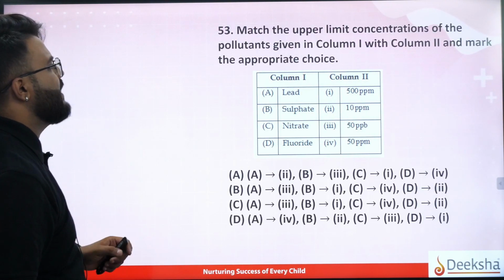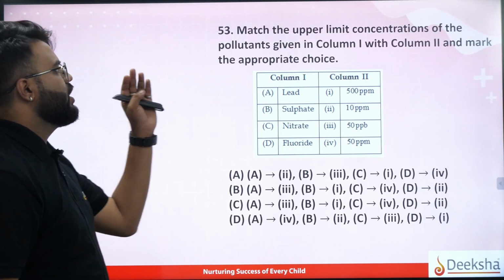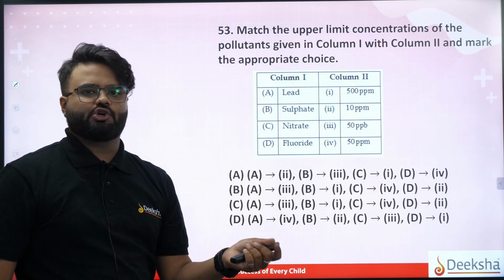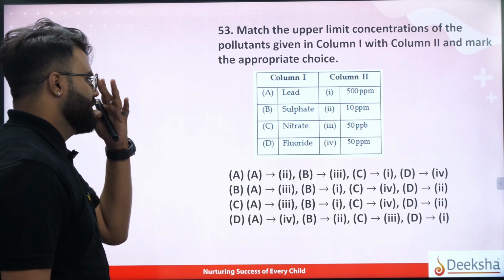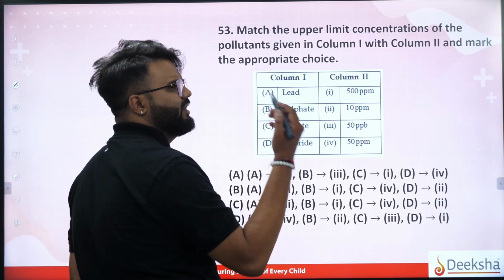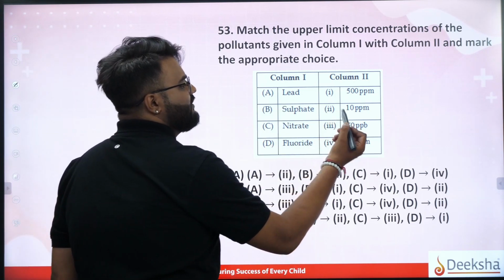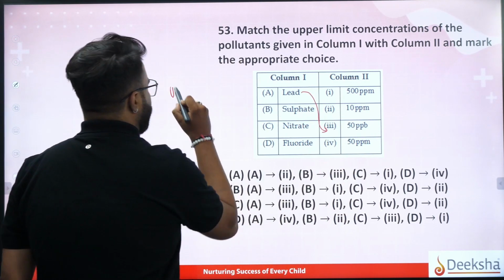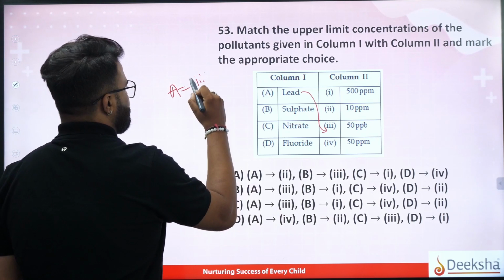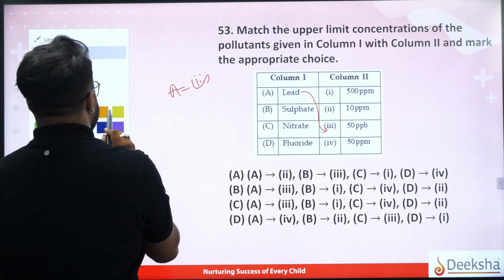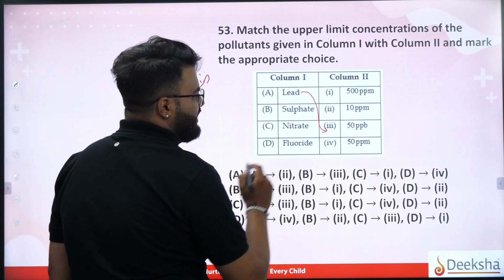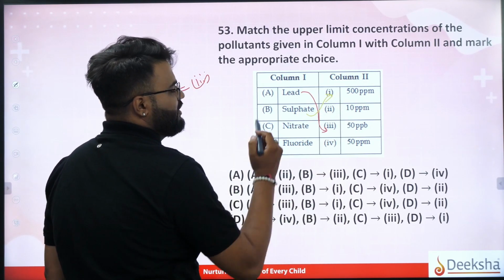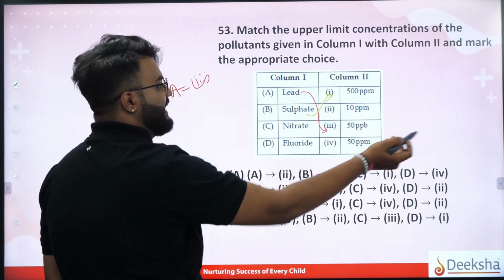That's how. Match the upper limit for the concentration of the pollutant given in column 1 to column 2 and mark the appropriate choice. We know that lead is very abundant, it is 50 parts per billion, that is option A. So A is equal to 3. The same way sulfate, that is nothing but your option 1, 500 parts per million.